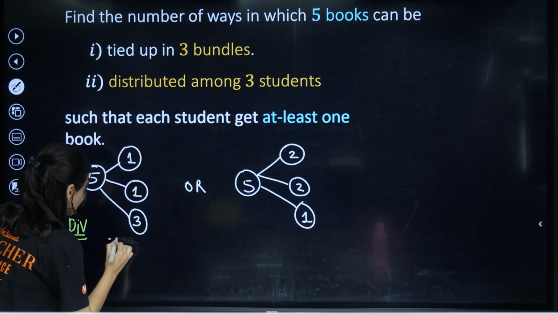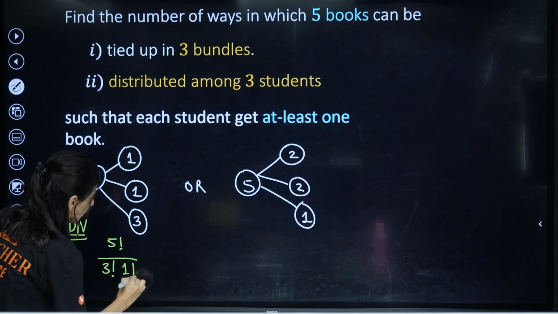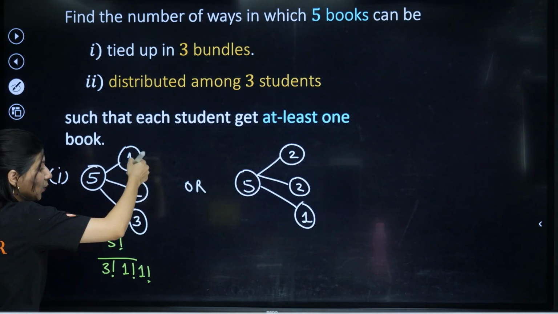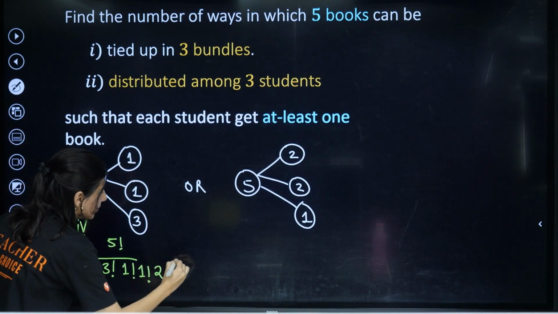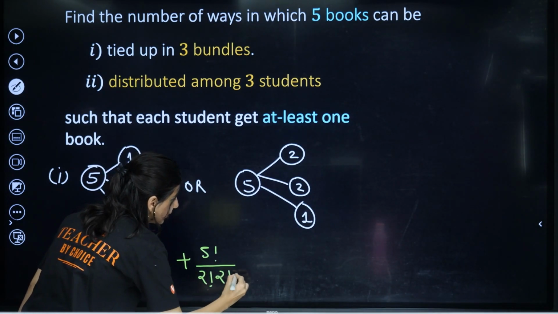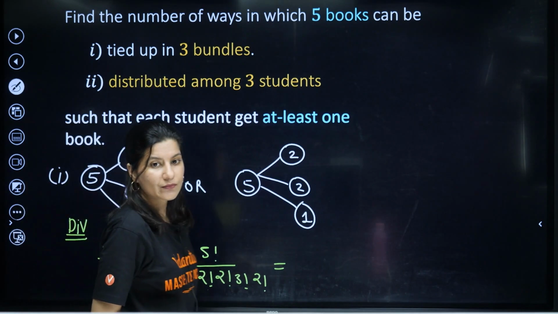So division only. So that is 5 factorial over 3 factorial, 1 factorial, 1 factorial. Let's not forget equal group. So that's why 2 factorial, plus 5 factorial over 2 factorial, 2 factorial, 1 factorial, 2 factorial. Okay. All right.